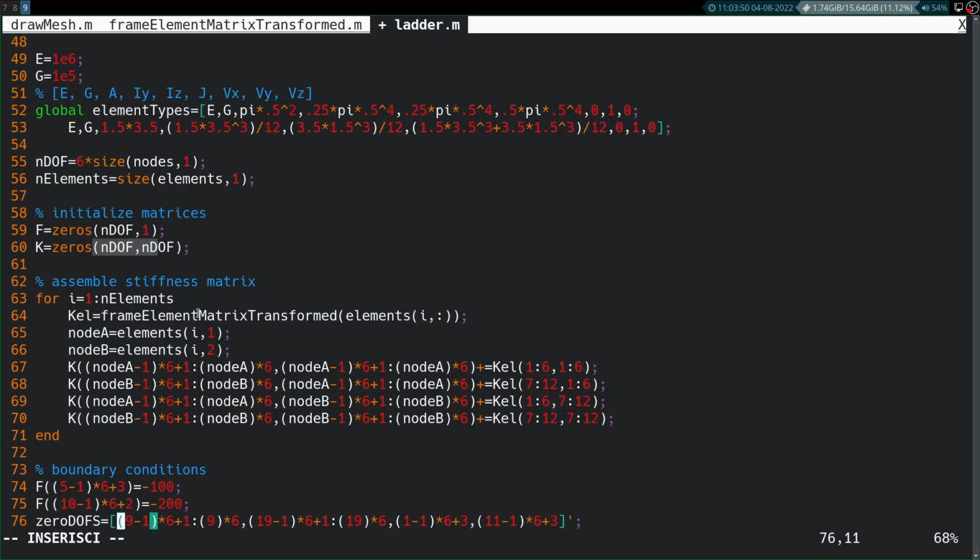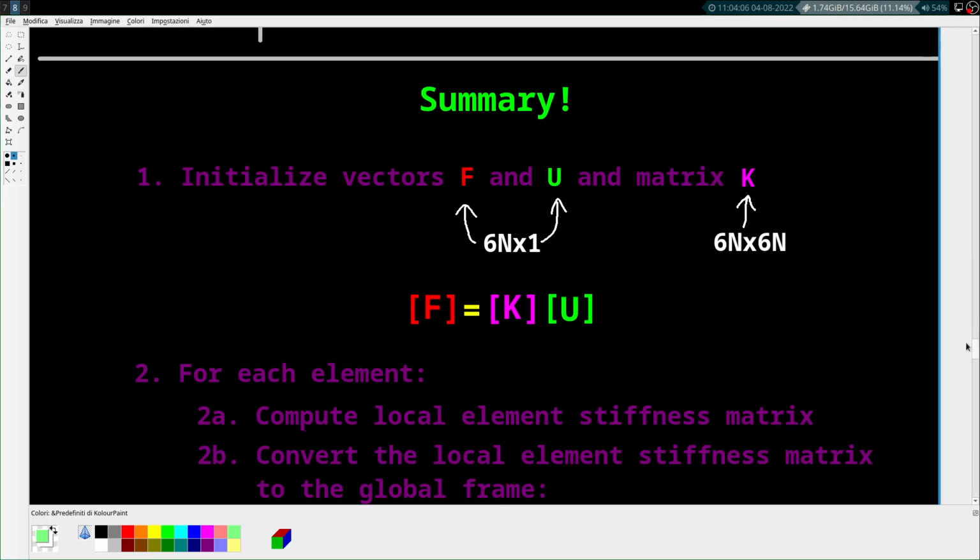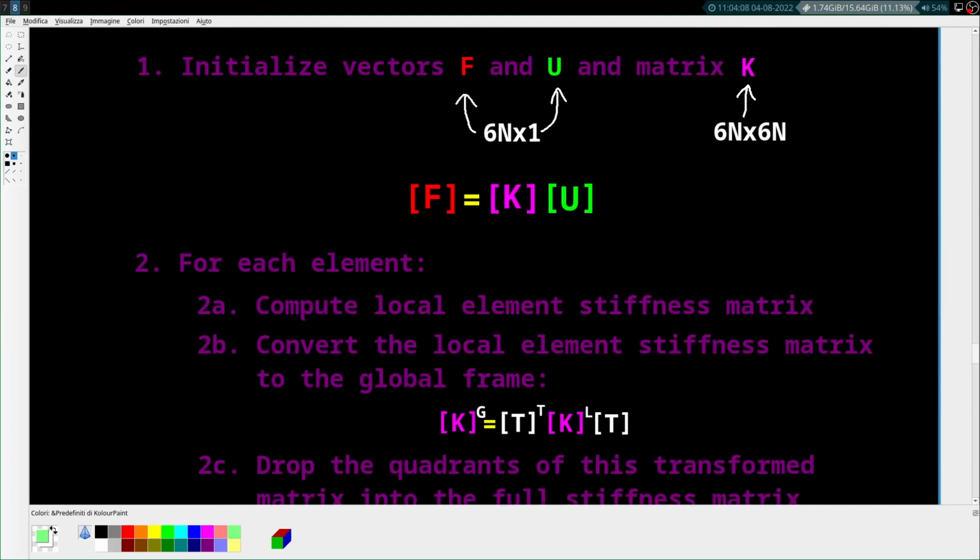And so for that, we have to look at this function here, frame element matrix transformed. We're just looping through all the elements and calling this. So what does that do? This is just a function that outputs the T transpose K T thing. Where is that? This one.